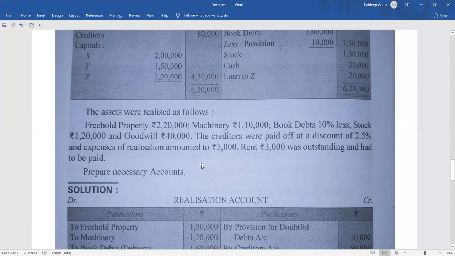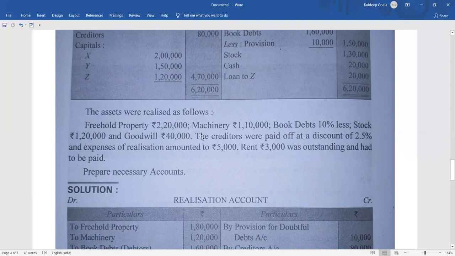In the beginning, just give a quick look at whether there is any special item like workmen compensation reserve, claim and all. How it will be treated, we will study in subsequent videos, subsequent classes. But for the time being, just lightly see the question and then go for transferring the assets and liabilities. And as you settle the assets and liabilities, at that time you give a thorough look at the adjustment.